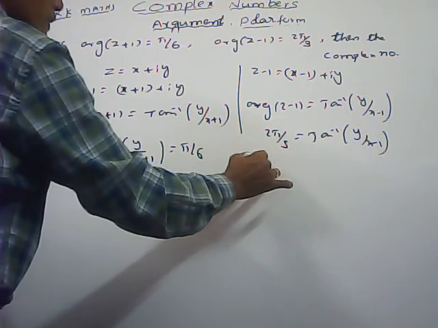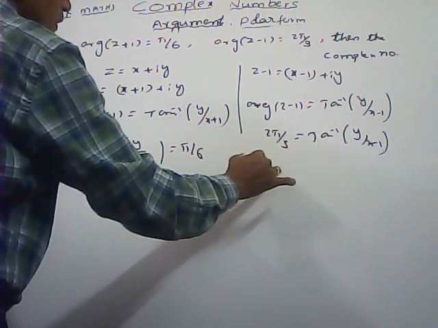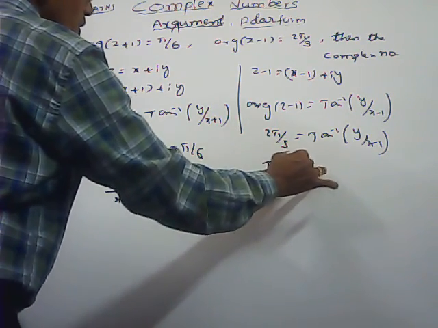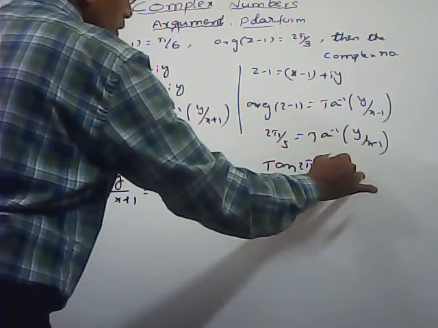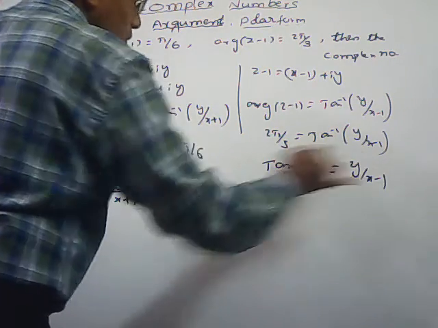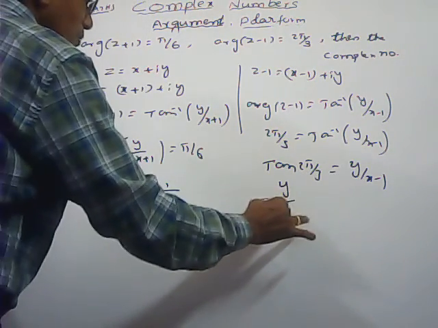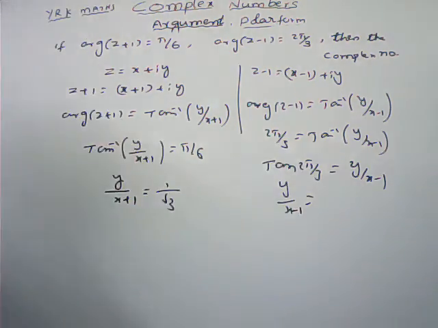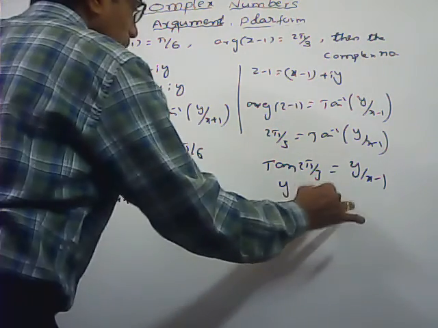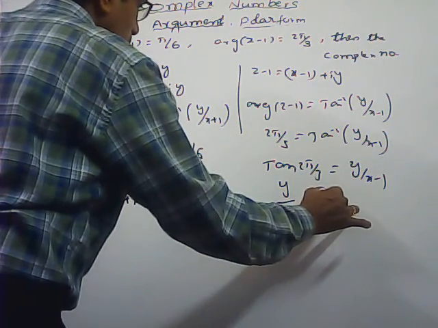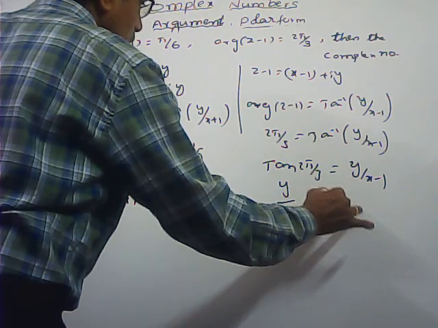Tan 120 degrees, tan 2 pi by 3, is equal to tan of tan inverse y by x minus 1. So here y by x minus 1 is equal to tan of 90 plus 30, that is minus cot 30, and cot 30 value is root 3.